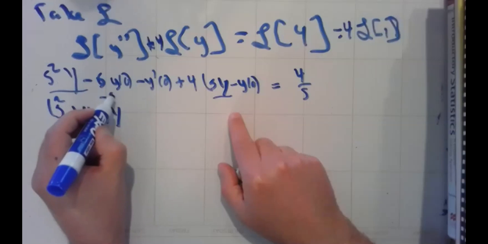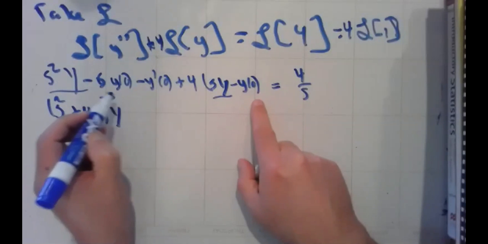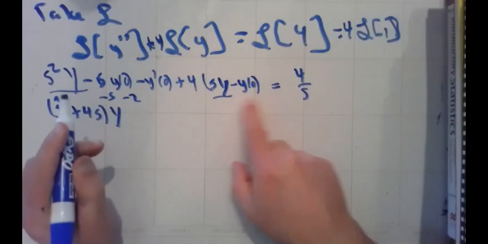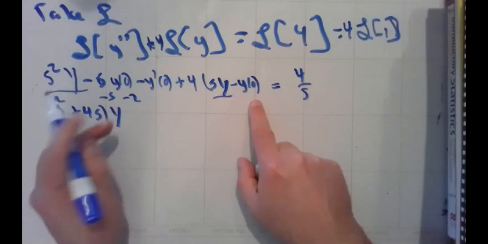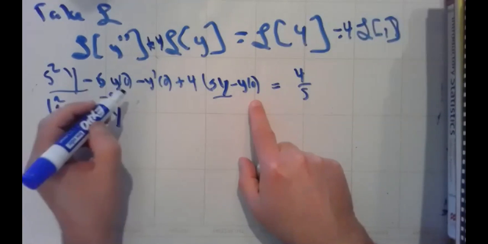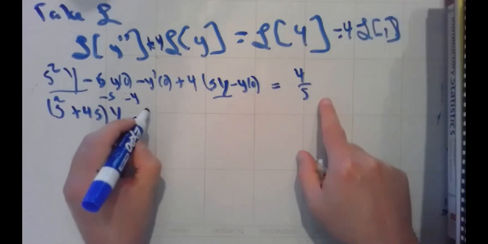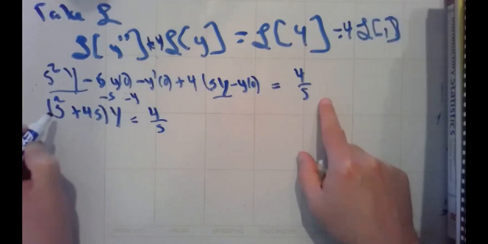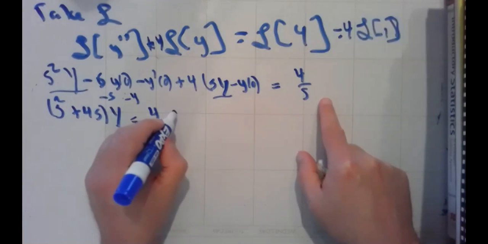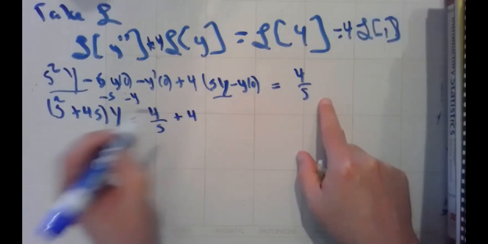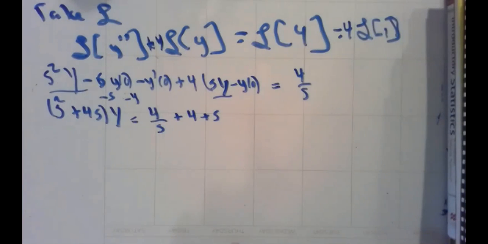That's a minus s, minus 1, minus another one, so minus, no, that's minus 4 there. So on the other side, when I move everything over, I have 4 over s plus 4 plus s.